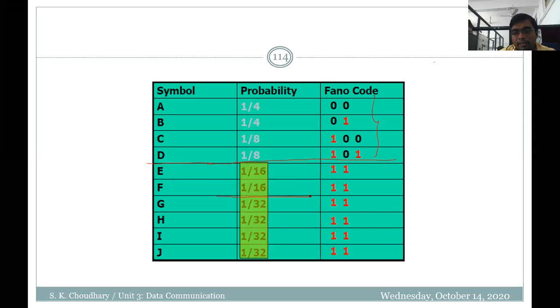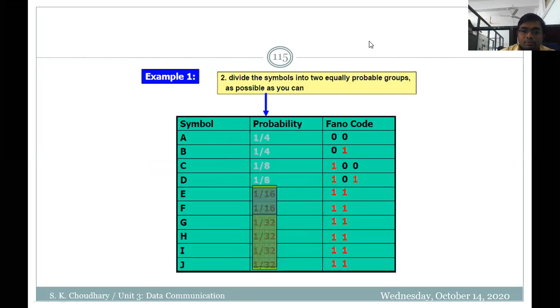The two equal divisions are E, F, and the other is G to J. Again we divide into two equal parts, and these two parts are 1 upon 16 and 1 upon 32.